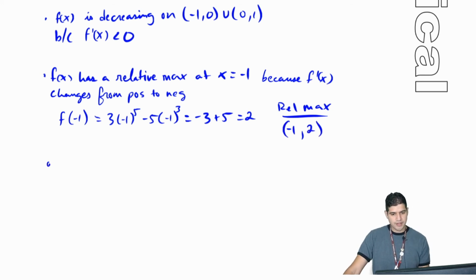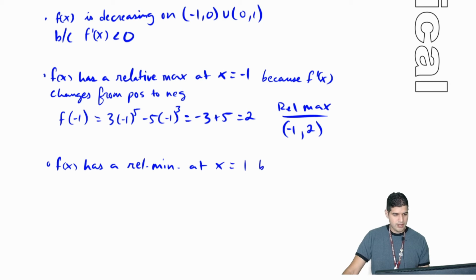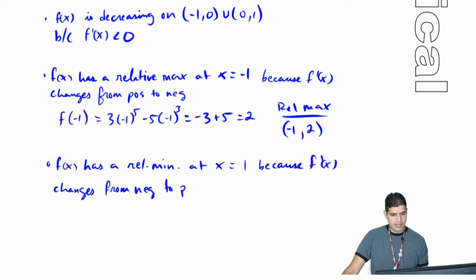And so we'll do a similar thing. f of x has a relative minimum at x equals +1. The reason we know that is because f prime of x changes from negative to positive.